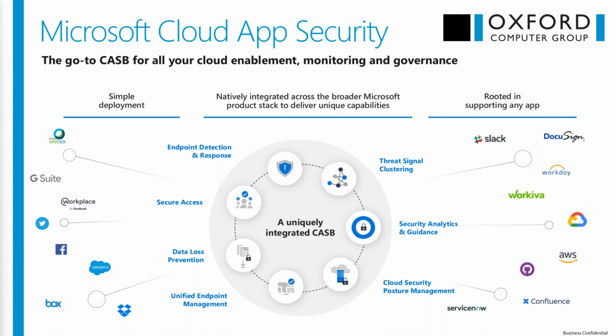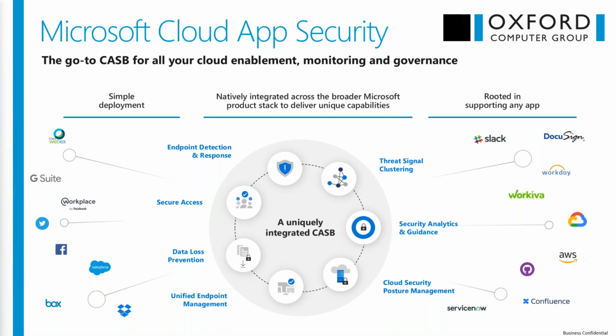So Microsoft got into the Cloud App Security Broker area back in 2015 with the acquisition of a company called Adallom, an Israeli company, and since then has been leveraging the CASB as a way to answer the shift in the way we do security.